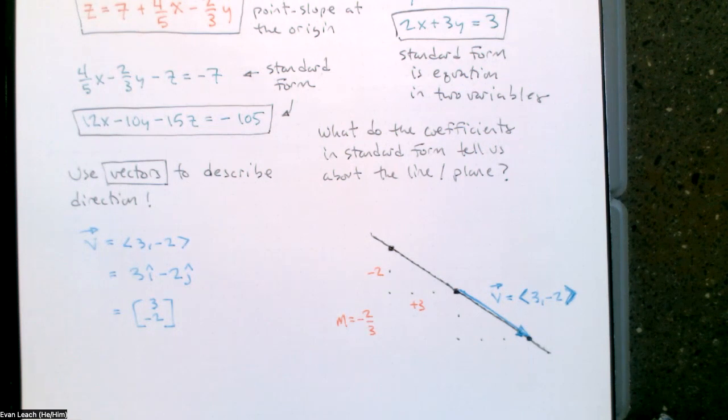Notice that this is not the only way we could describe this direction. Here I'm saying the line is reading from left to right, but we're just trying to describe a direction.